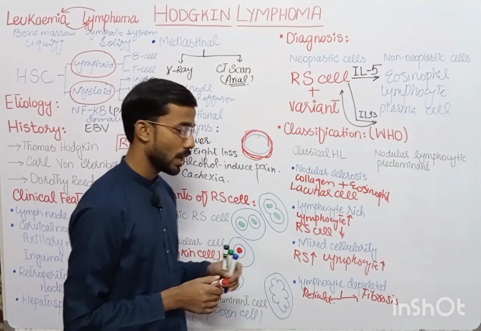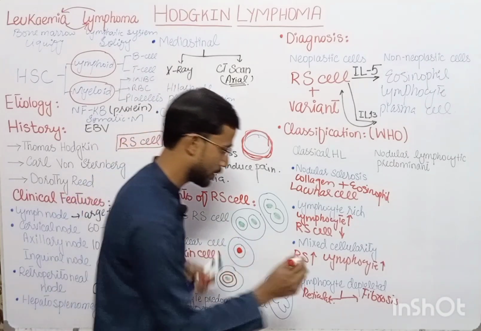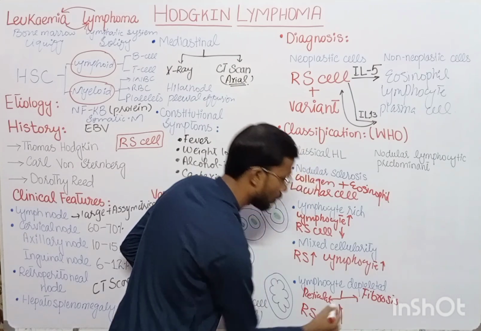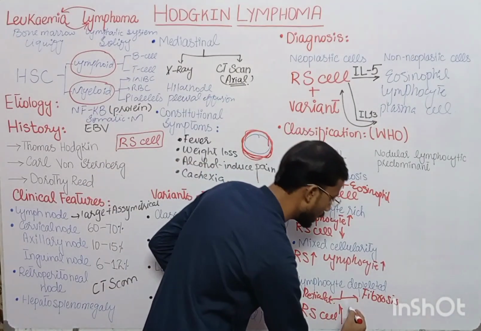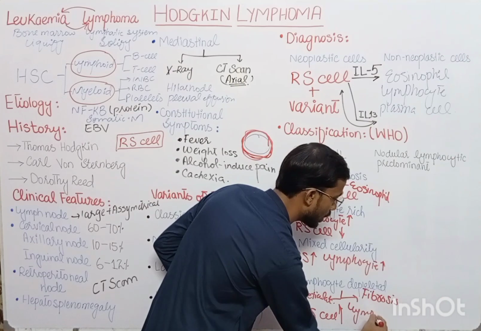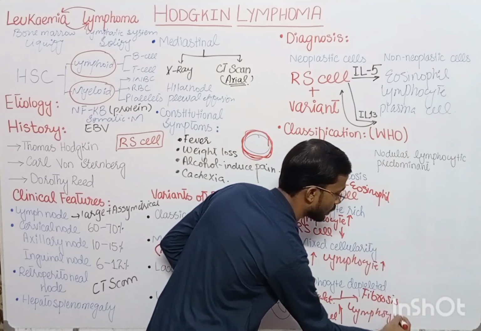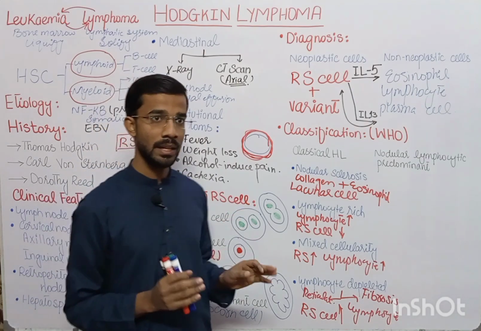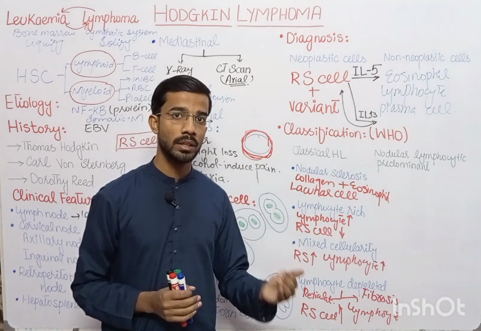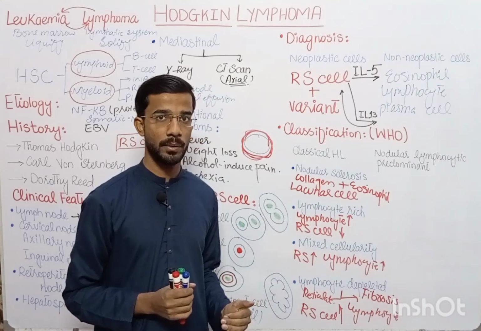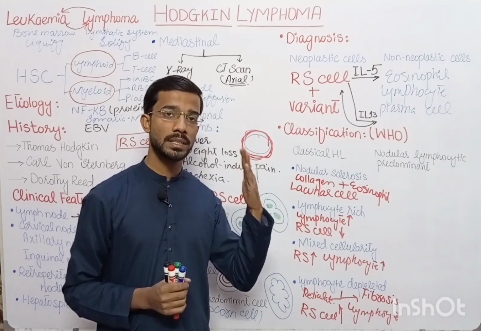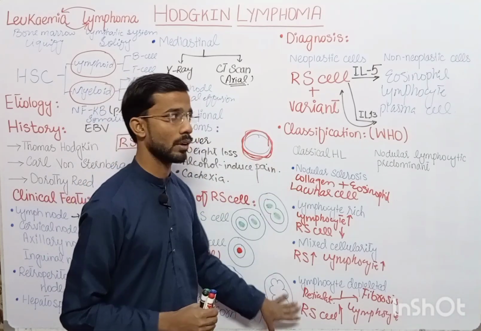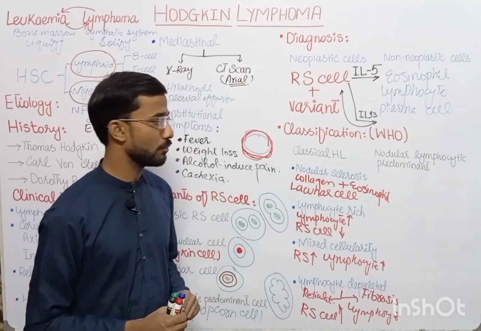In them, Reed-Sternberg cells will be high compared to lymphocytes. So this is the basic idea: when the lymphocytes are rich, the Reed-Sternberg cells will be low, and when the Reed-Sternberg cells are high, the lymphocytes will be low. So these are the 4 types of classical Hodgkin lymphoma.